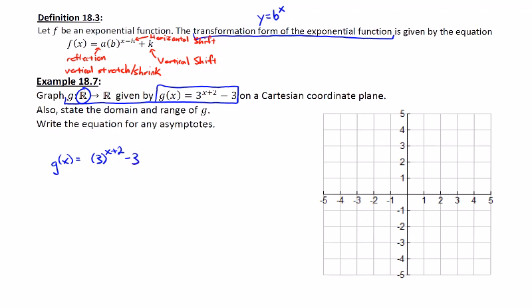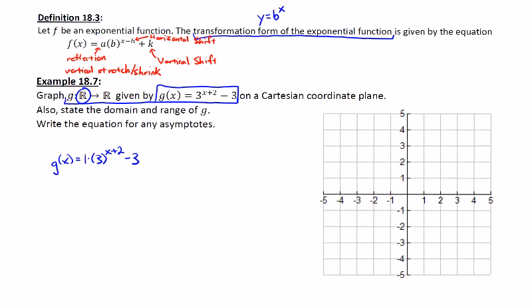And the reason why I want to mention that is because that also means that there's an implied multiplier of 1 right there. So when it comes to trying to identify your a, your h, and your k for transformation purposes, it's good to be able to see all these little components.